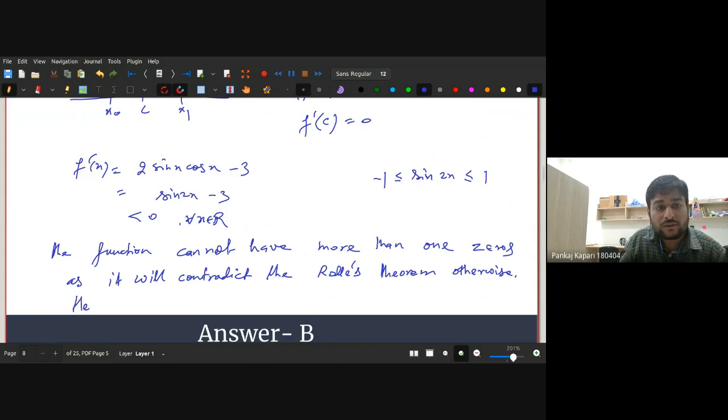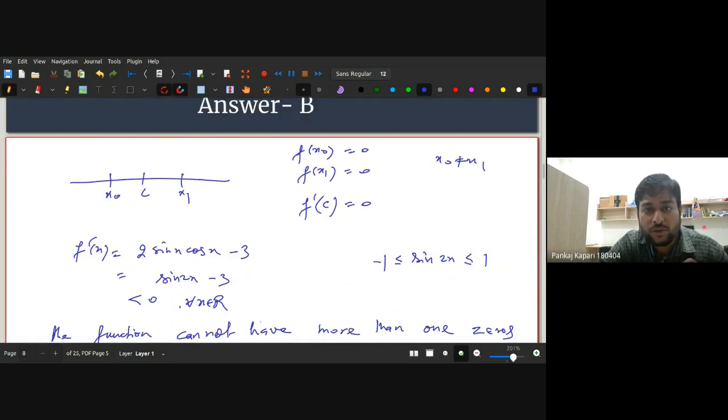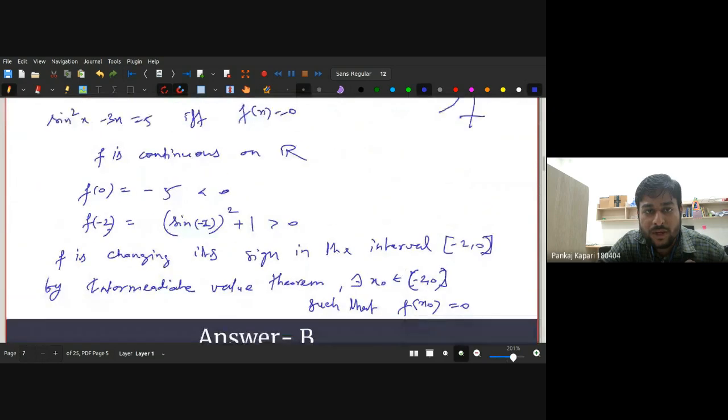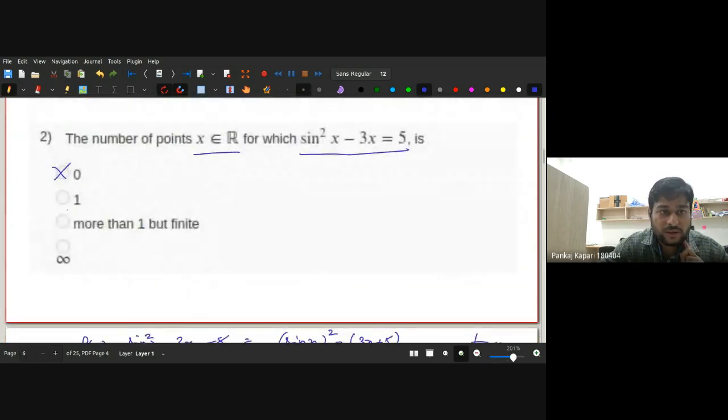Therefore, f has a unique 0. So f can have only one 0, so all these options are wrong.